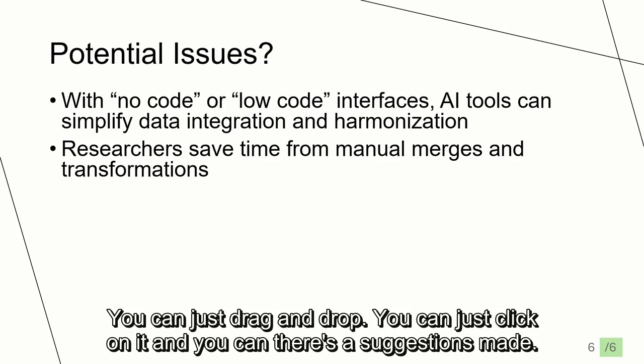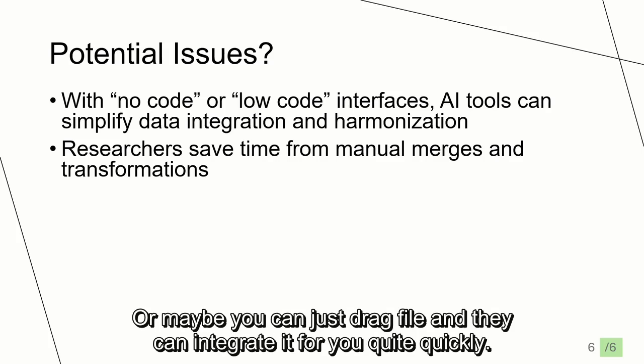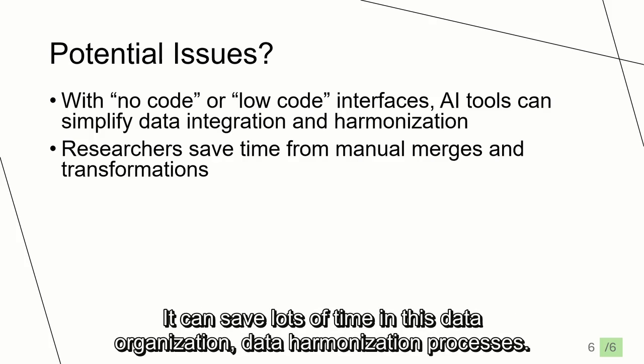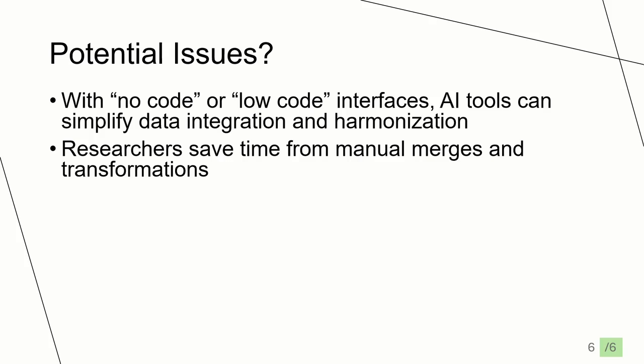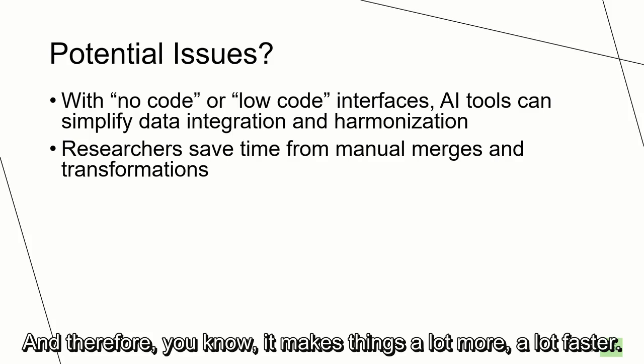You can just drag and drop, click on it, and there are suggestions made, or drag a file and it can integrate it for you quite quickly. It can save lots of time in data organization and harmonization processes, and makes things a lot faster.